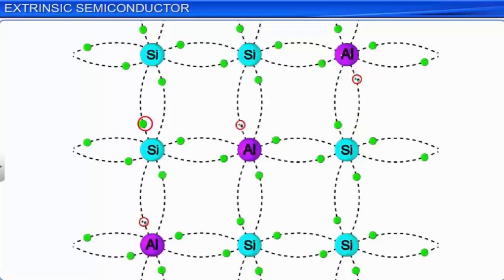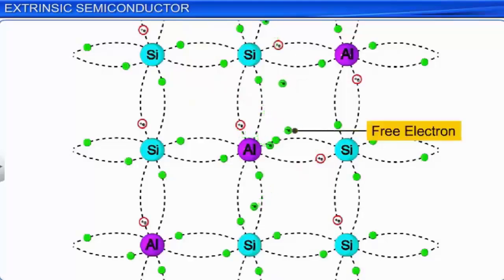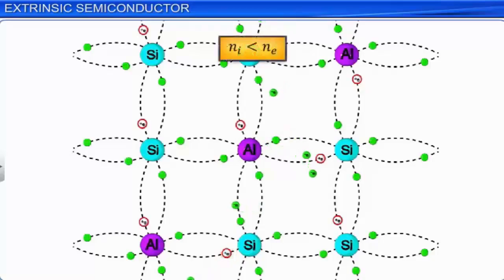At room temperature, some of the electrons break away from their bonds, giving rise to electron-hole pairs. Simultaneously, some of the free electrons recombine with the holes and reduce the number Ni of intrinsically generated electrons to Ne.